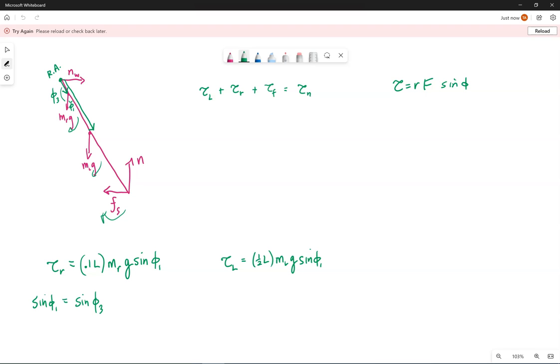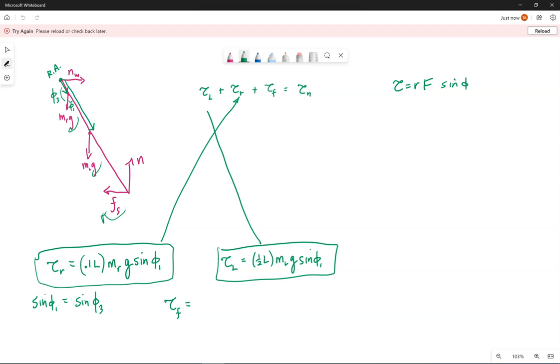The torque due to friction, so just side note, these are the terms that would go into our net torque equation. The torque due to friction, the lever arm points from that top of the ladder all the way to the bottom. So the length of that is L. The force would be the force of static friction. And then we would need the sine of phi 2 to get the perpendicular component.